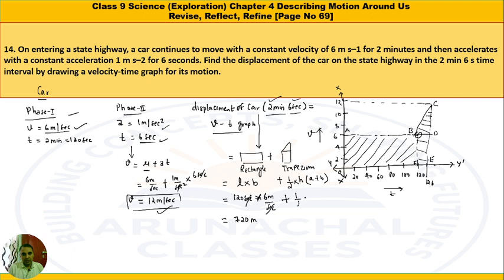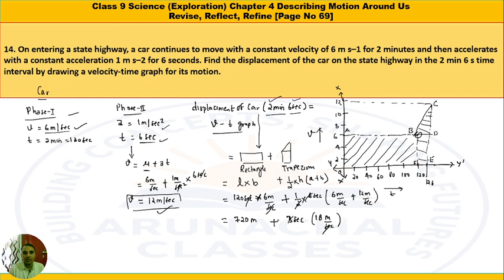Plus half multiplied with height. Height means this difference PD. So this represents 6 second. Bracket, the length of this represents A, that is VF. It is your 6 meter per second, plus this length represents CE, 12 meter per second. Now 720 meter plus, 2 3 are 6, 3 second multiplied with 18 meter per second.